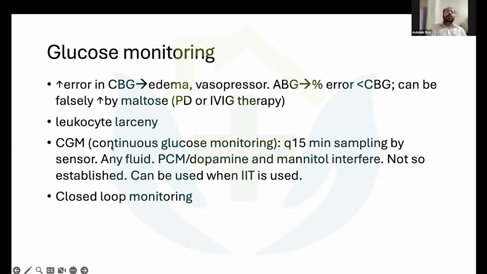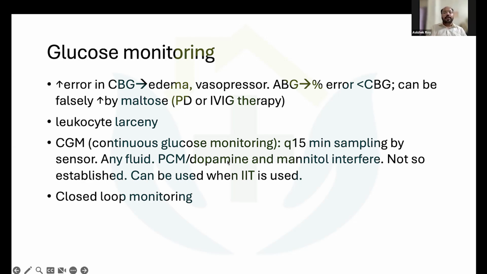And the other method that has come up is continuous glucose monitoring. So rather than pricking the patient or checking repeatedly and bothering the nursing staff, there are glucose sensors, subcutaneous glucose sensors, which take samples based on the microdialysis principle at intervals of 15 to 20 minutes, and any fluid can be used for calibration purposes.